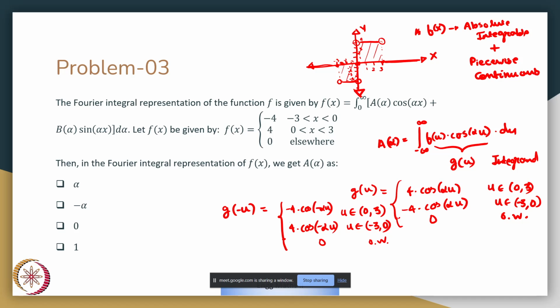So since cos is an even function in itself, cos of minus alpha u is actually nothing but cos of alpha u. And same goes for this term as well, which basically gives us that g of minus u equals minus g of u, which means that g of u is an odd function.